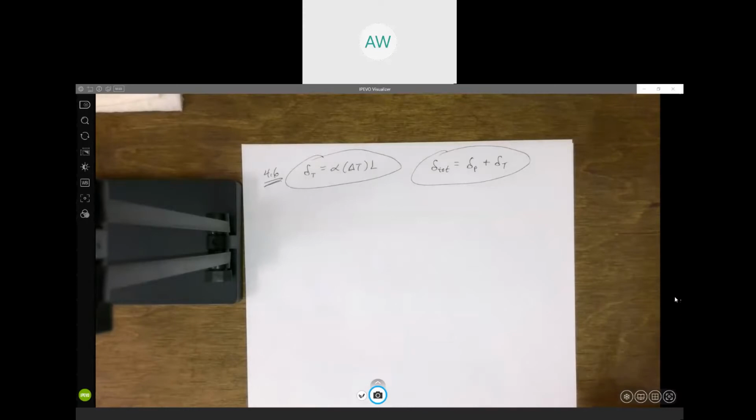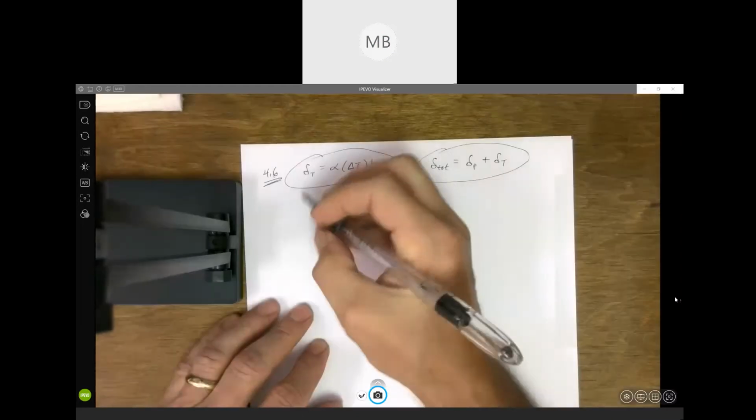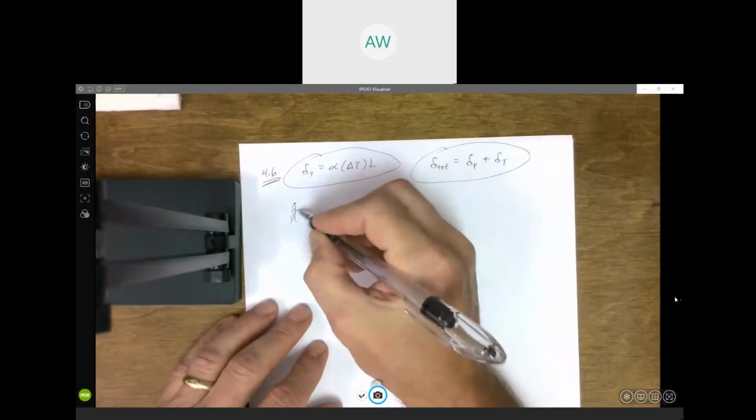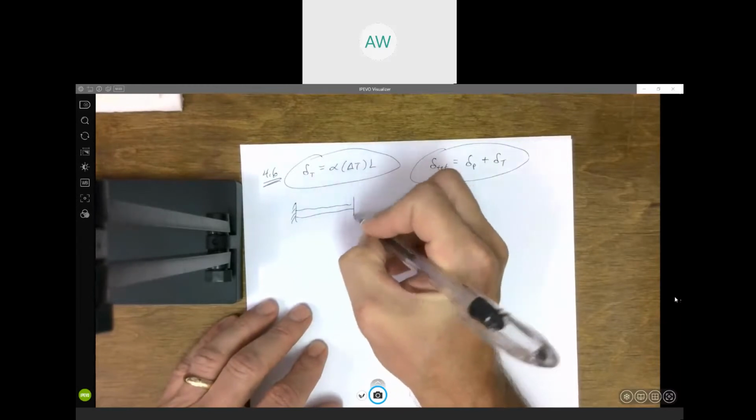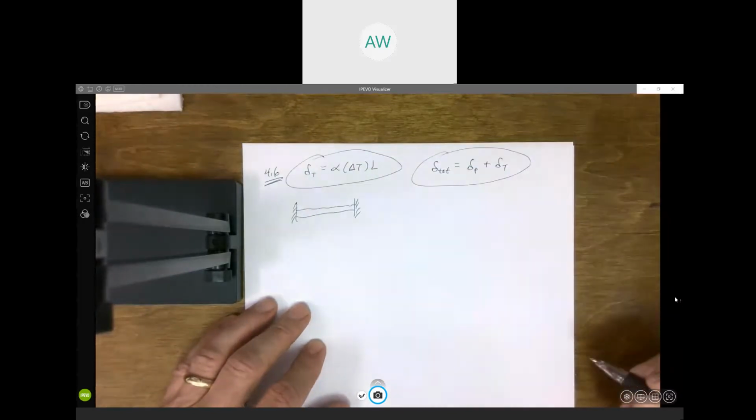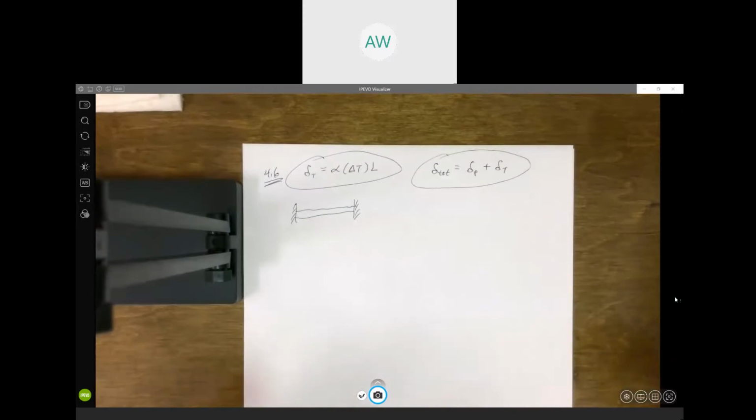When your beam is fixed, does that equation equal 0? The delta total? When you say that, you're talking about something like this where it's fixed at each end. Yeah, it can't deform. It can't get longer. It can't get shorter.